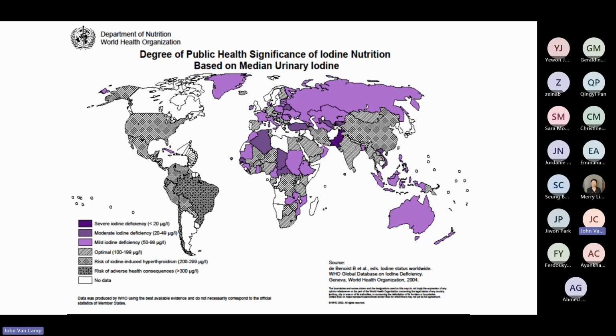For iodine, the situation is different because, technically speaking, we know the solution. We're talking about iodized salt that needs to be supplied in the right content, the right amount, to avoid that we get deficiencies or toxicities.